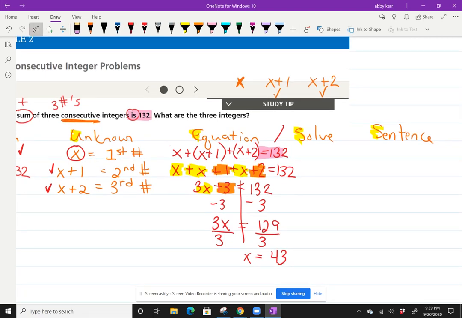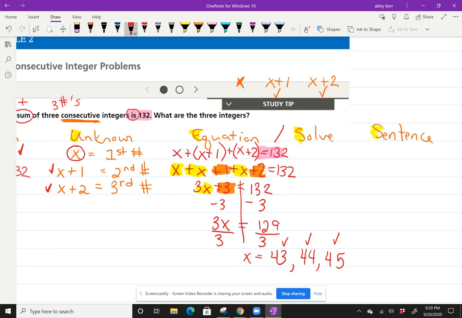We said consecutive integers. So if 43 is the first number, then 44 is going to be the second, and 45 is going to be the next. 43, 44, 44 comes right after 43, 45 comes right after 44.